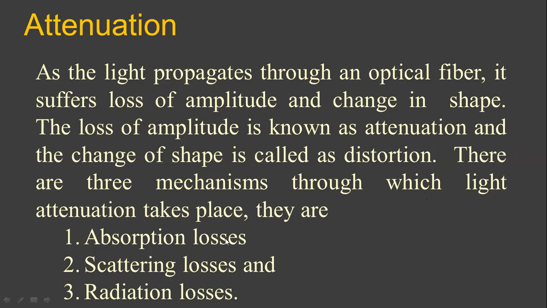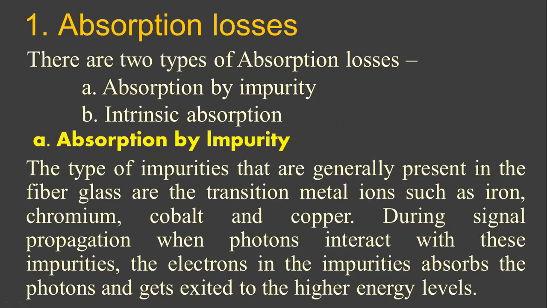They are absorption losses, scattering losses, and radiation losses. So we'll see these three losses one by one. First one, absorption losses. There are two types of absorption losses. One is the absorption by impurity, and the other one is the intrinsic absorption.